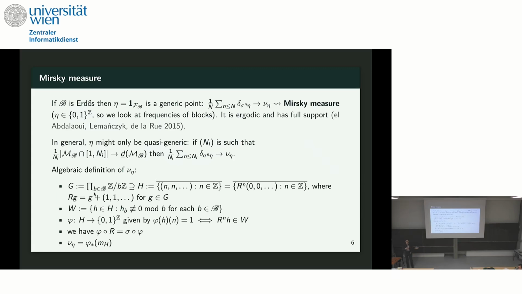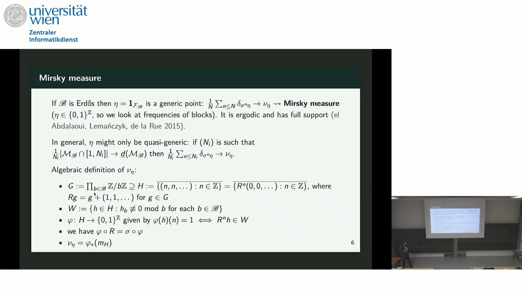So there is another approach, more of an algebraic flavor. Namely, you define group G as this product group of residue classes for each B. And then it contains a closed subgroup H. So this is the smallest closed subgroup containing element 1, 1, 1, 1, 1. So this is what it says here.